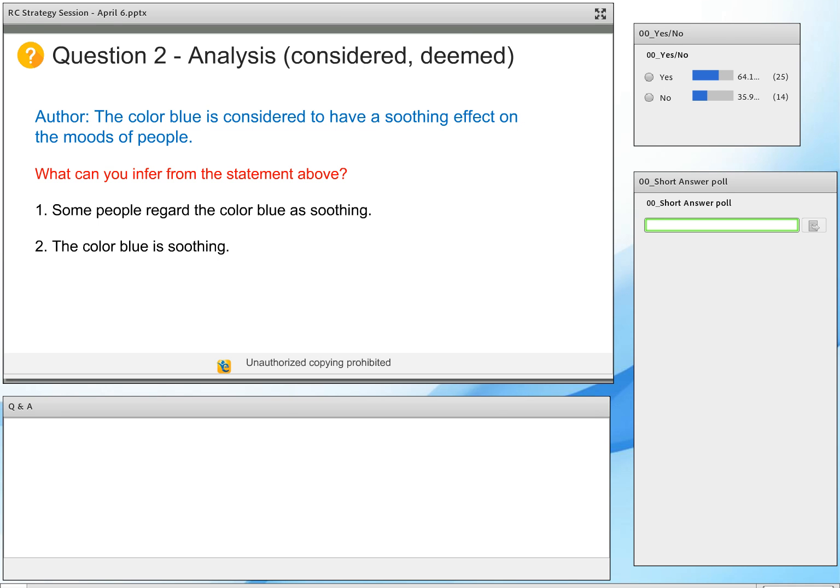So about 64% of the class infers statement 1 and 35% of the class infers statement 2.